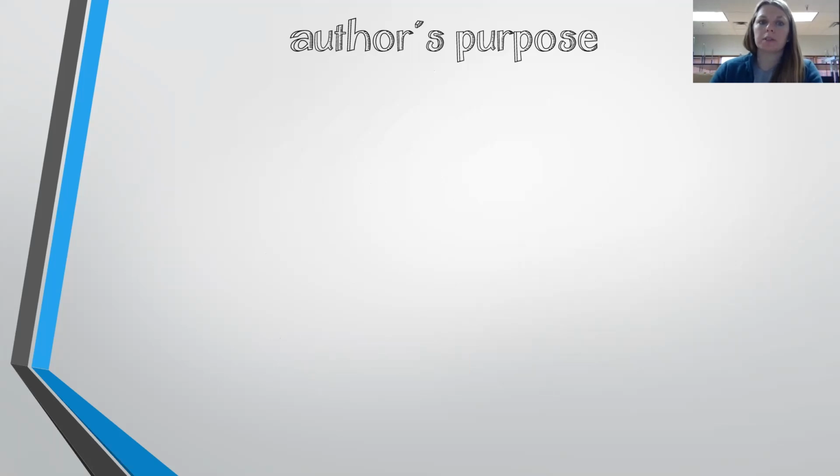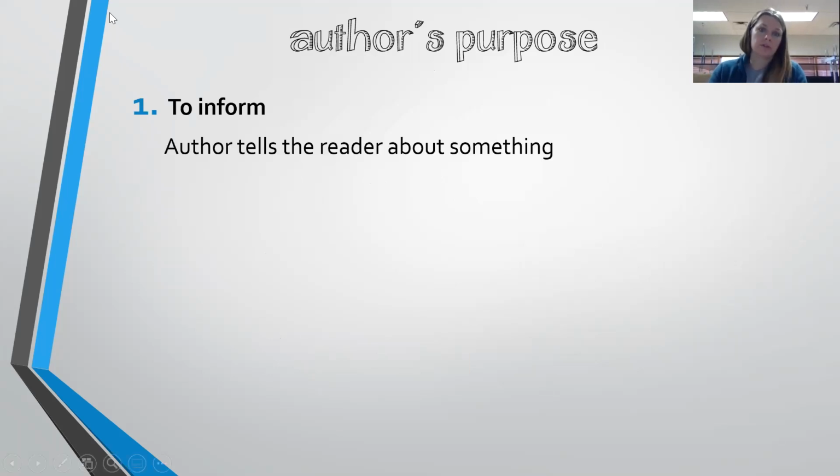So author's purpose, our 4 types are number 1 is to inform, to pass on information. So the author tells the reader about something. An informational text. Number 2 is to explain. Now, students have difficulty with explain versus inform, and we'll talk about that.